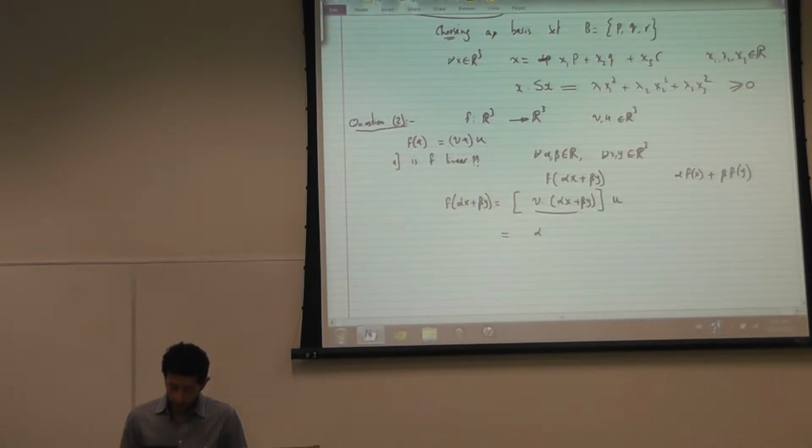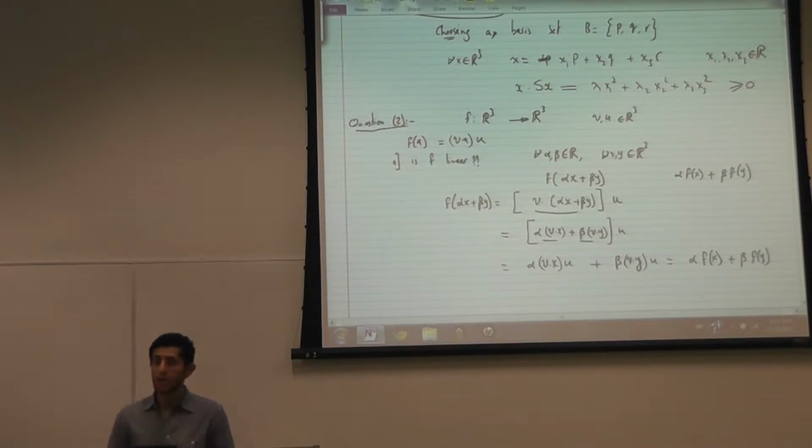So I can have alpha v dot x plus beta v dot y. This is a number and this is a number multiplied by u. This can be written like this, which is equal to alpha f of x plus beta f of y. So it is indeed linear.